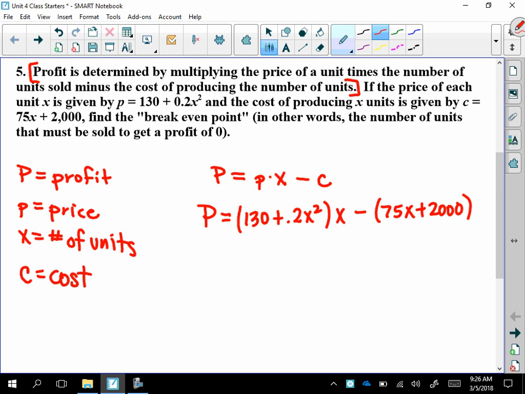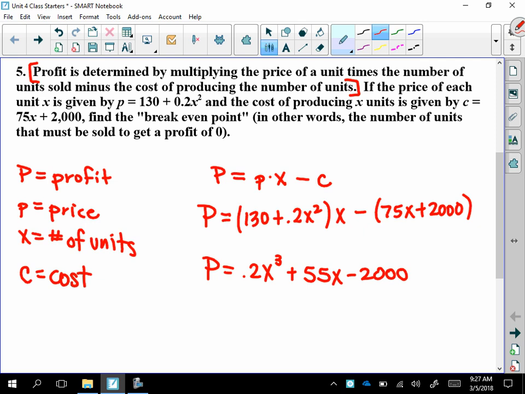And so we can simplify that polynomial expression. The profit's going to equal 0.2x cubed. This is 130x minus 75x, which is plus 55x minus 2,000.